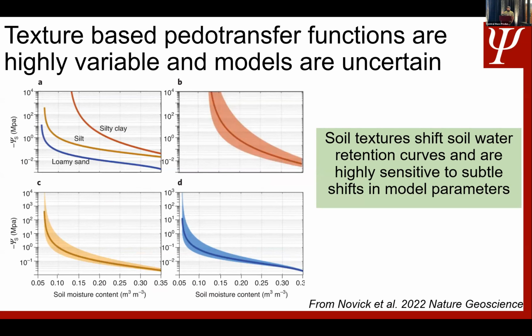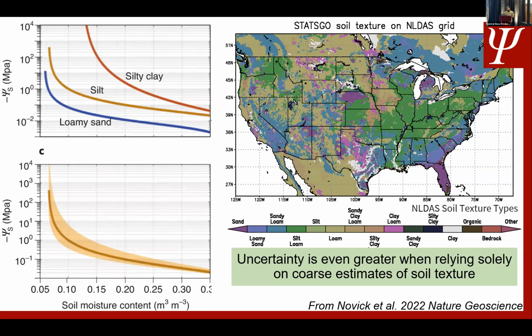So if we think about uncertainty, these are extreme uncertainties when we're making subtle shifts in the parameters of the van Genuchten model. And if we think about how we use this data, we're using these very coarse maps to estimate soil water retention capacities across these ecosystems. This becomes even more complicated and more uncertain when we're really trying to constrain flux measurements.